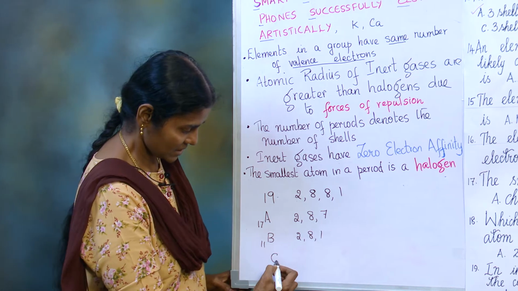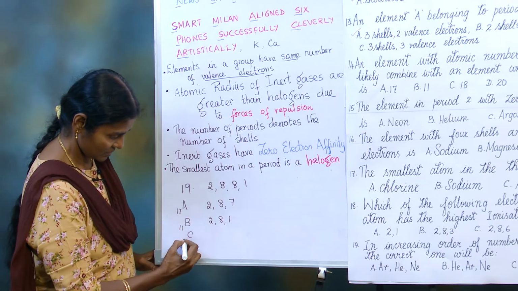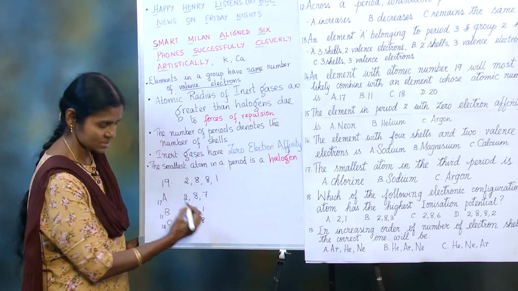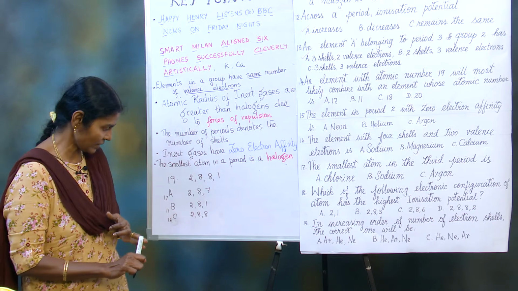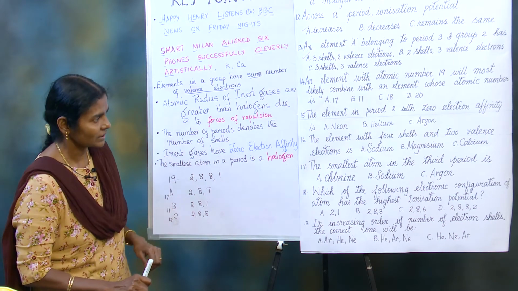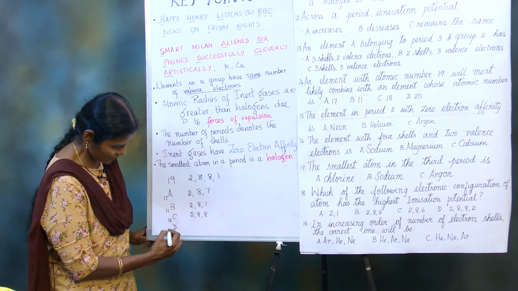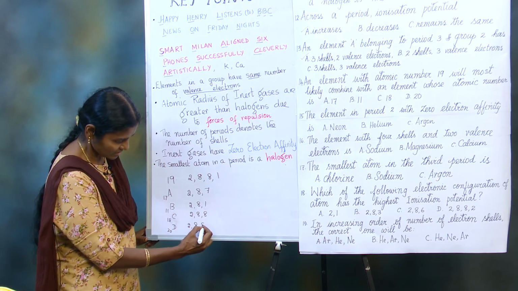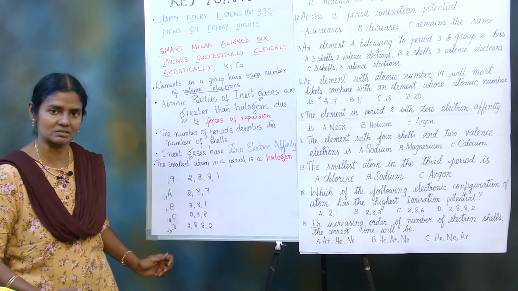C is 18, which means 2, 8, 8. First shell will have 2 electrons, second would have 8, and the third shell has 8. Then option D has 20: 2, 8, 8 in the third shell, and the fourth shell has 2 electrons.